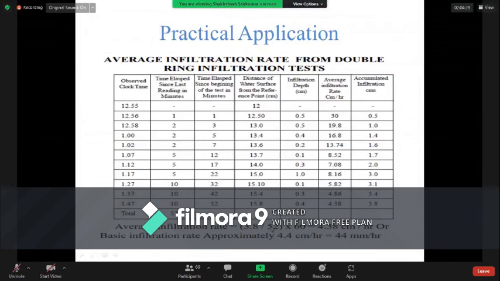You need to convert this minute into hour, so you have to multiply it by 60 and get the average infiltration rate as 4.38 centimeter per hour.